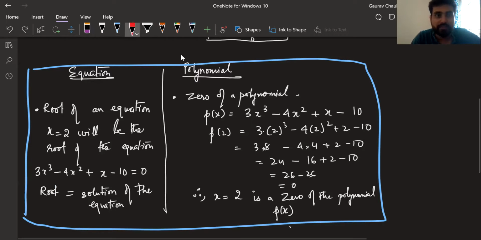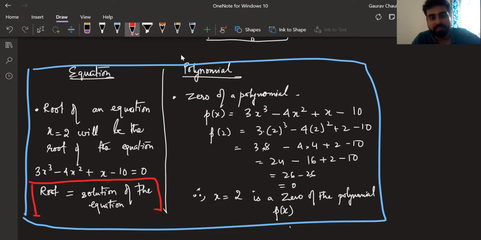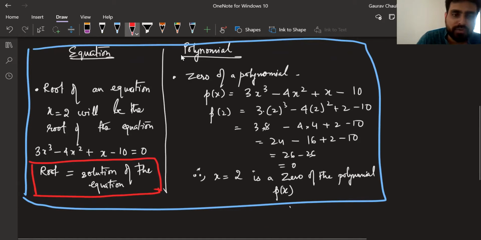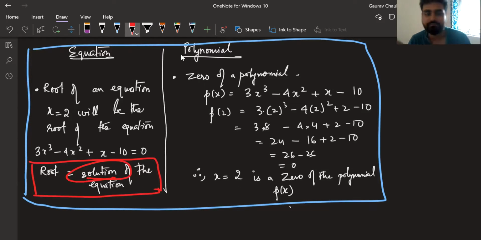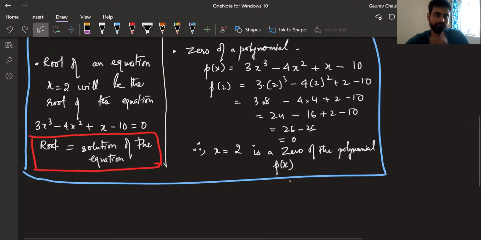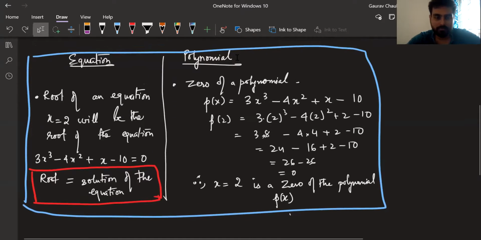I want you to take a minute to understand this, and then I want people to raise their hands who are getting the meaning of the words. Who can tell me what is the meaning of the word solution? If I say solution of an equation, what do I mean?